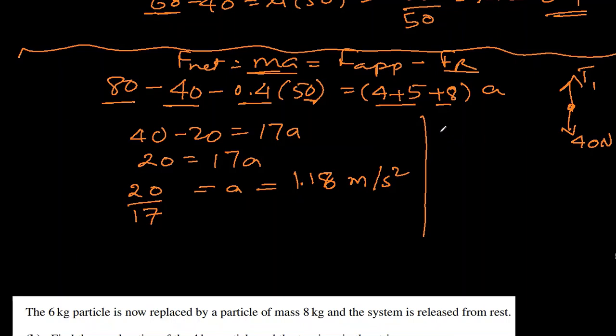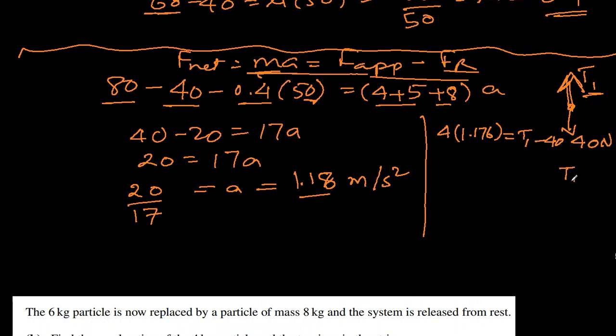Let's write the same equation: MA equals applied minus resistive force. So mass is 4 kg, because we are focusing only on 4 kg this time. Acceleration we just got, 1.176, equals applied force, because it is moving up, so T1 becomes the applied force, and 40 becomes the resistive force.